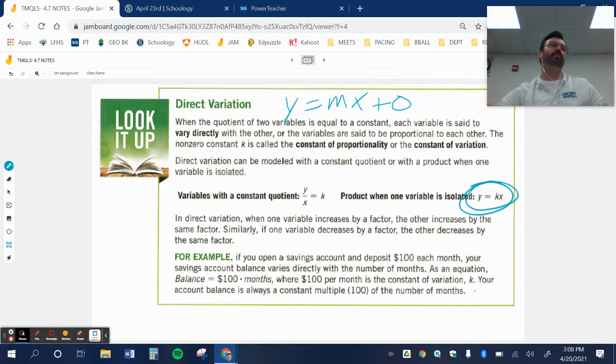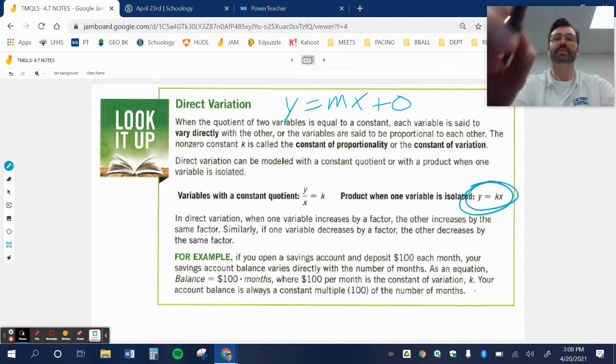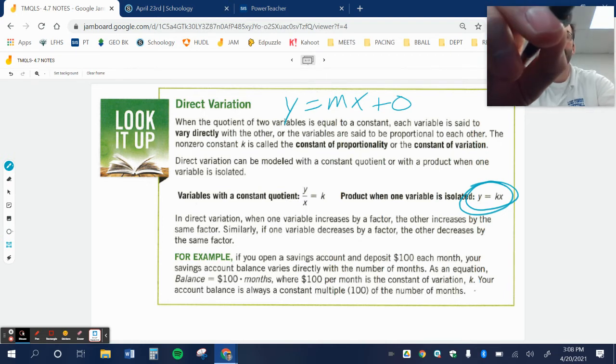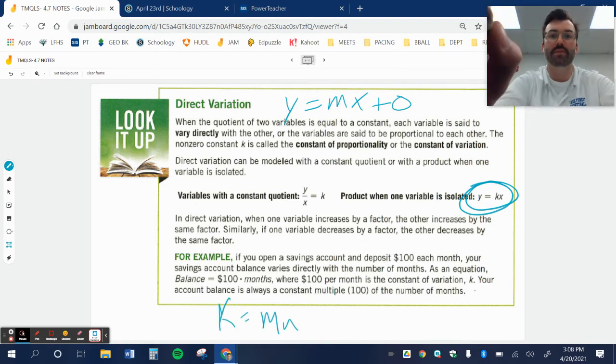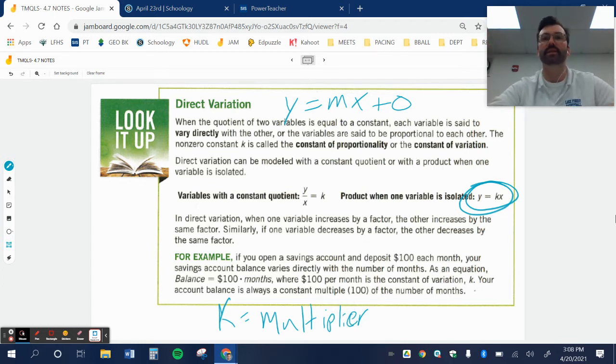We're used to finding k, but we've always called k our multiplier. So that's another way to think about it: k equals the multiplier. That's how we thought about it in the past, and that still remains true when we talk about direct variation.